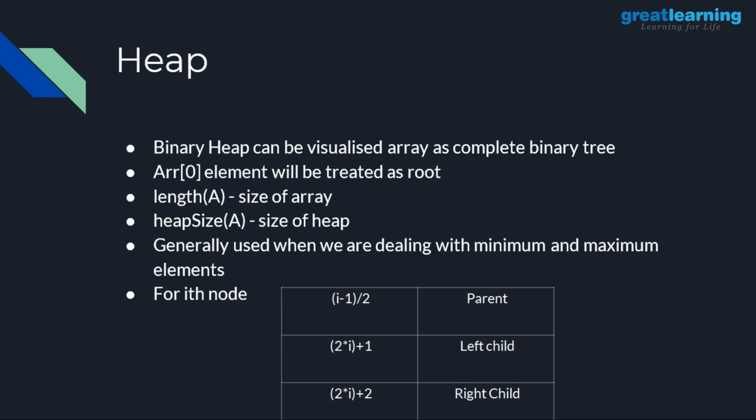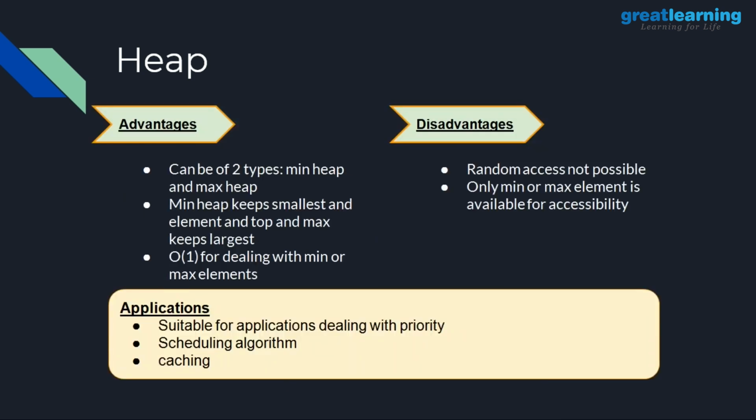So the 0th element will be its parent, which is true. Similarly, we can find it out for the rest of the elements. So this chart is very important. We are going to use this chart in the rest of this, and we are going to follow this structure.